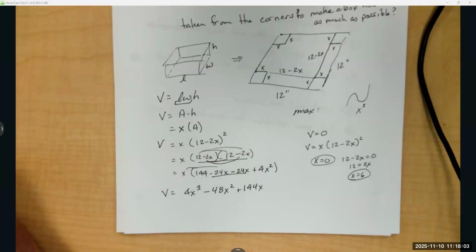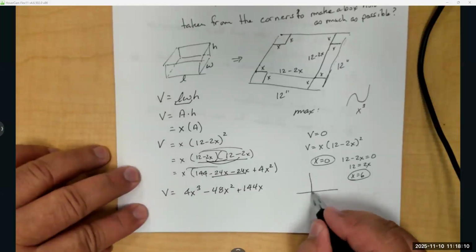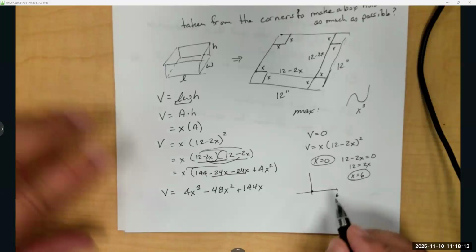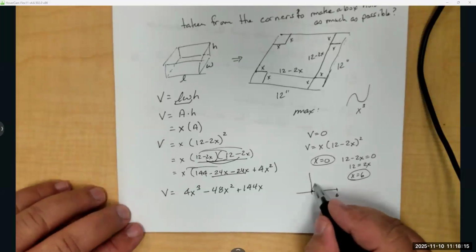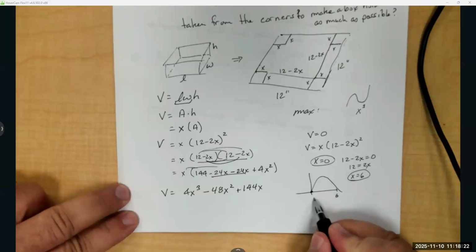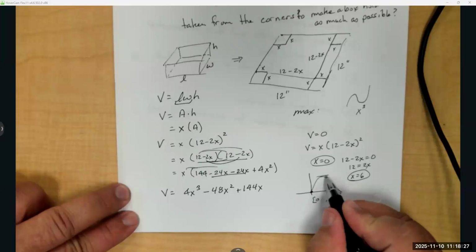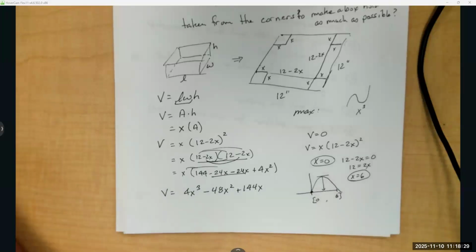That tells us our domain. Whatever answers we get have to be between there. Because at 0 and at 6, that's when our graph is on the x-intercept. So our vertex lies somewhere between there. We have to start with that to see what we are dealing with.